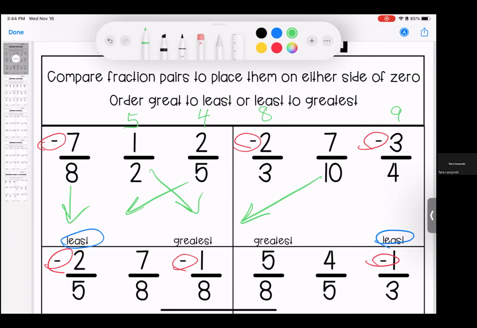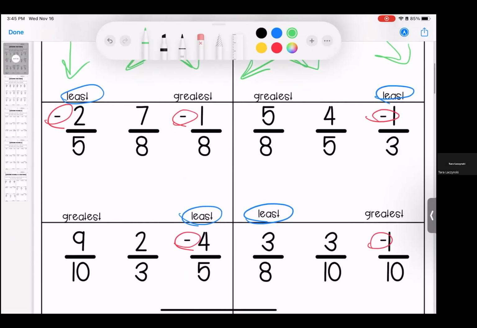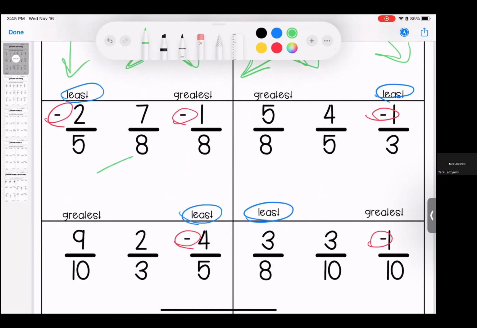Flip your thinking and be careful, because now 2/3 is going to come first and then 3/4 is going to come, because remember that the further we get from 0, the smaller the value. So on a number line, 3/4 is going to be further away than 2/3. So watch that. You can still use that same way to compare, but just make sure that you're switching your thinking to negative, okay? Starting with the greatest, 7/8.